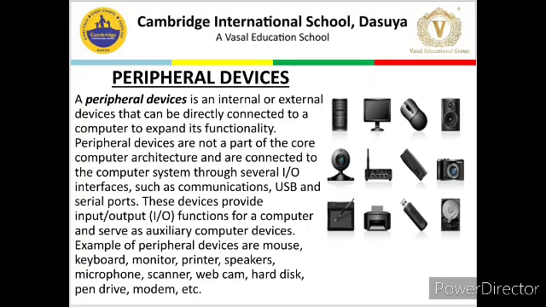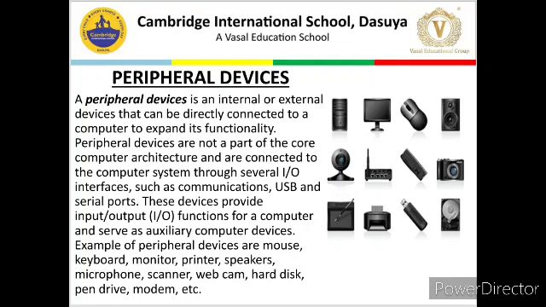These devices provide input-output functions for a computer and serve as auxiliary computer devices. Examples of peripheral devices are mouse, keyboard, monitor, printer, speaker, microphone, scanner, webcam, hard disk, and modem, etc.